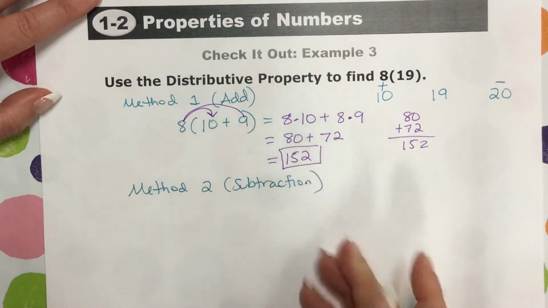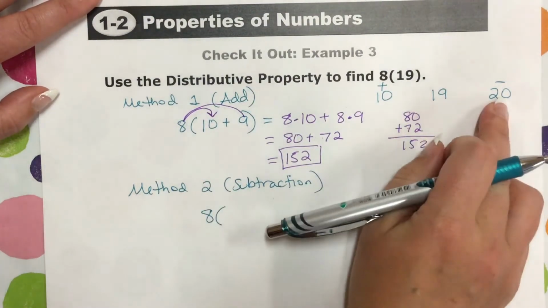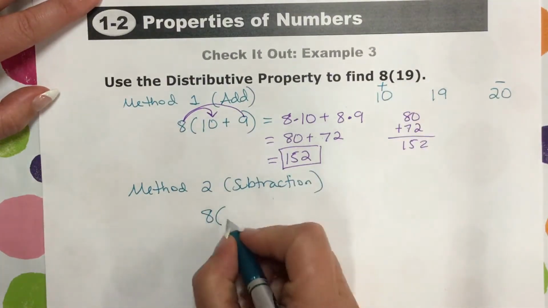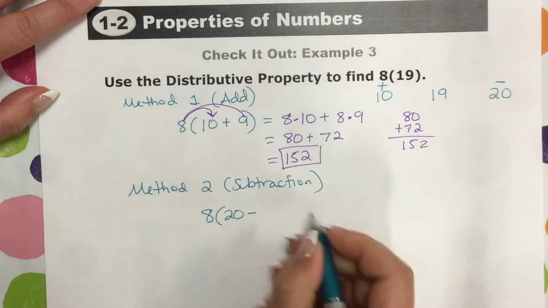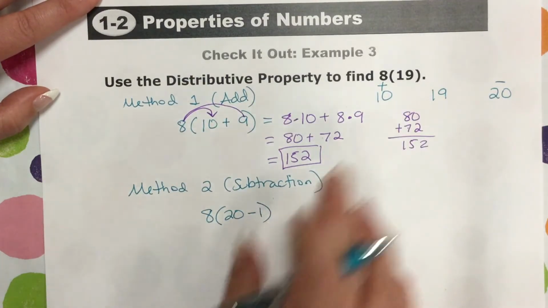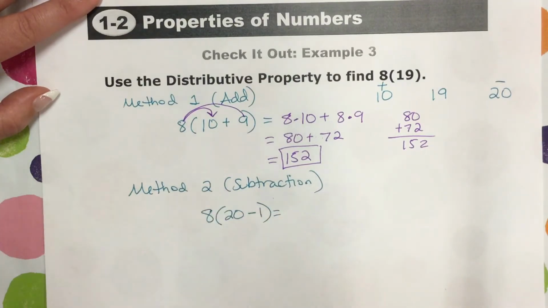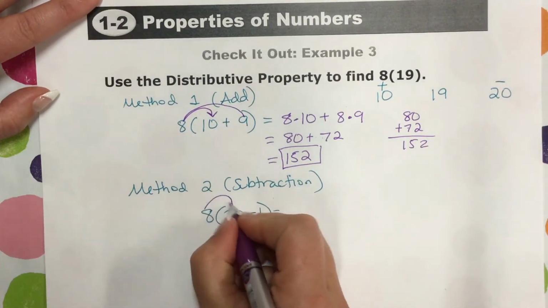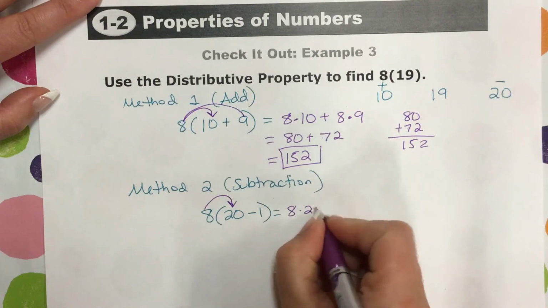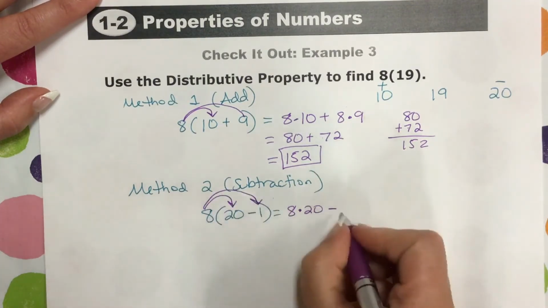This is the subtraction one. So we're going to rewrite this 8 times, and this time we're going to be using 20. 20 minus 1 is the same thing as 19. So we're going to use the distributive property. Here we go. 8 times 20 subtracted by 8 times 1.